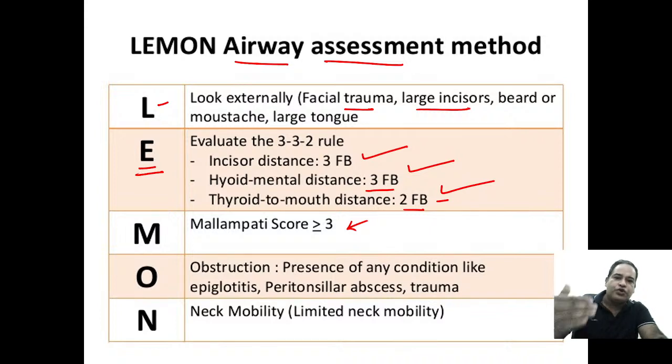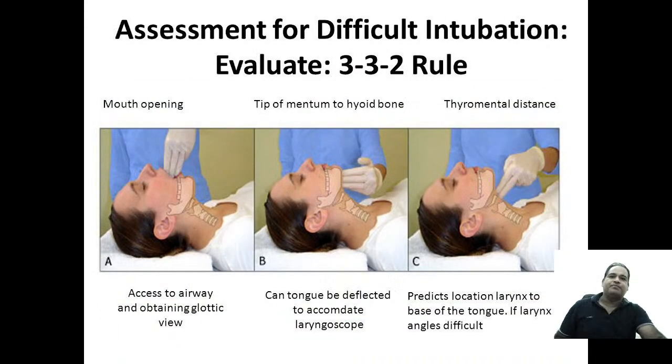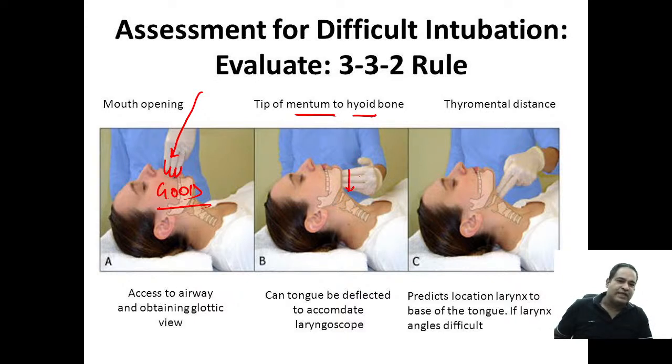How do you manage the airway? Look at this. He is trying to insert 3 fingers. Good airway. Hyomental distance more than 3 fingers. Good airway. Thyromental distance more than 2 fingers.